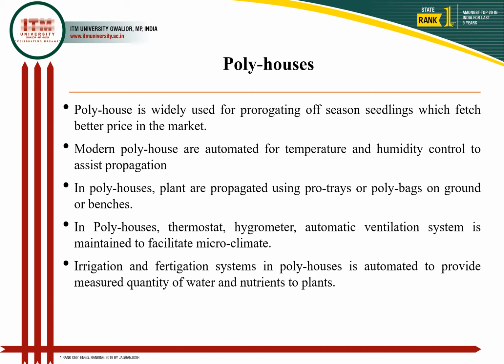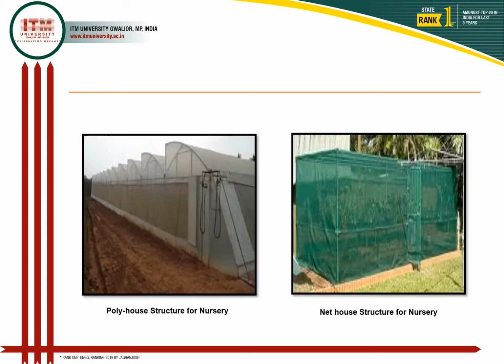There is also irrigation along with fertilizer application, the fertigation system, in polyhouses. The automation in this fertigation technique is another important achievement, because it provides a calculated amount of water and nutrients to the plant.